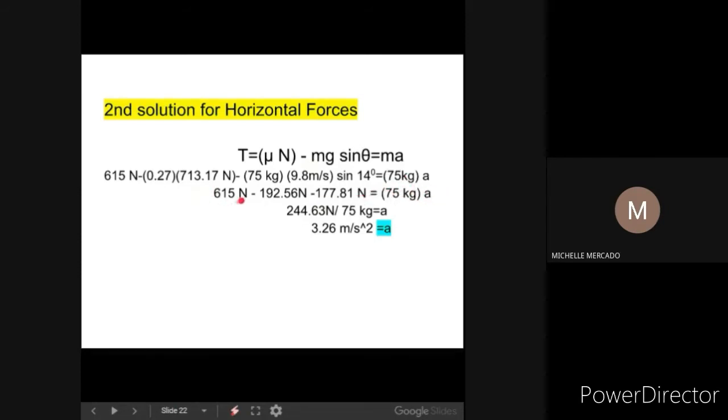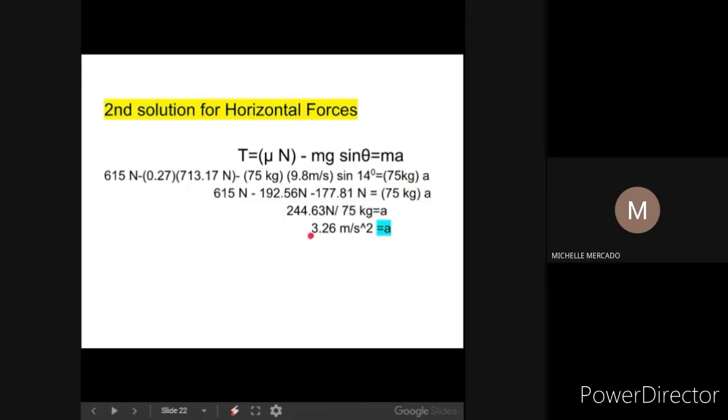So 615 minus 192.56 minus 177.81 Newton, the answer will be 244.63 Newton. Then you're going to transpose the given mass, which is 75 kilogram. Then the only function that you're going to use is division. So 244.63 Newton divide 75 kilogram.